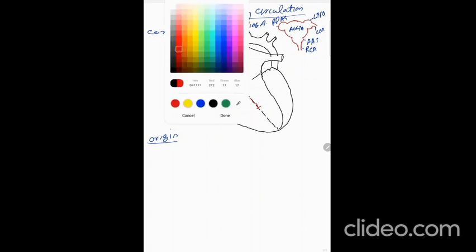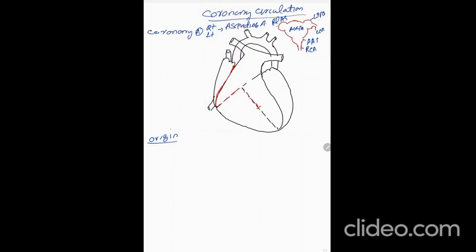Now let us see the left coronary artery. See, the left coronary artery again arises from the left posterior aortic sinus and reaches the sternocostal surface. On the sternocostal surface, it emerges in between the pulmonary trunk and the left auricle.